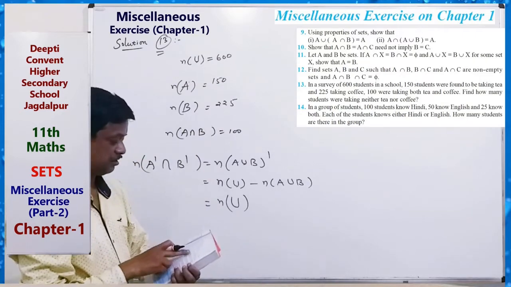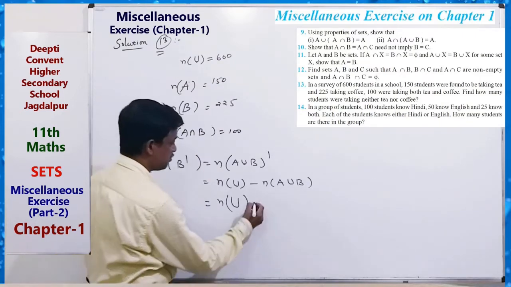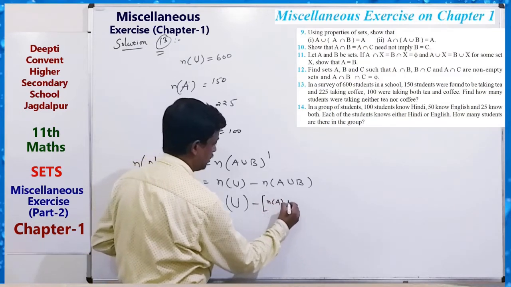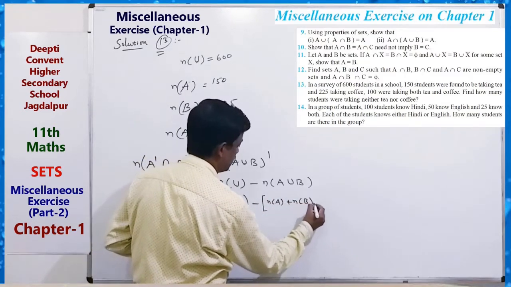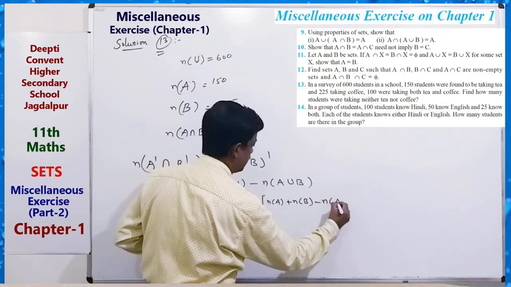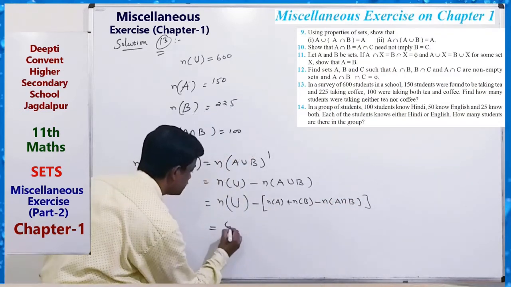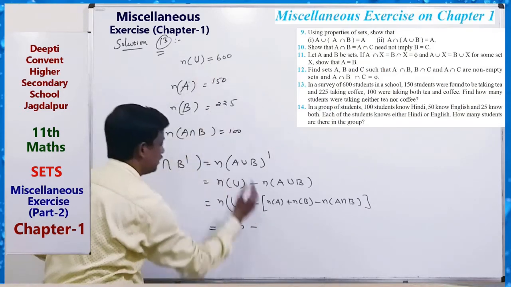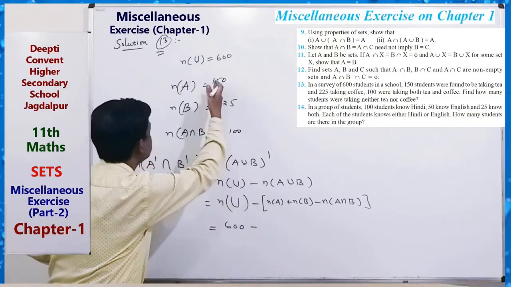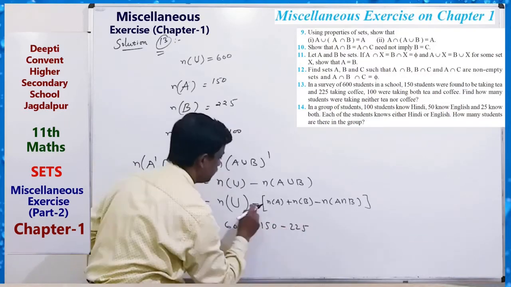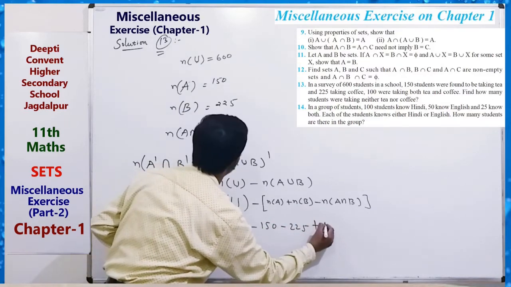600 students in the survey. So this minus what? n(A) plus n(B) minus n(A intersection B). Okay, so this is 600 minus n(A) plus n(B), 150 plus 225, minus 100.